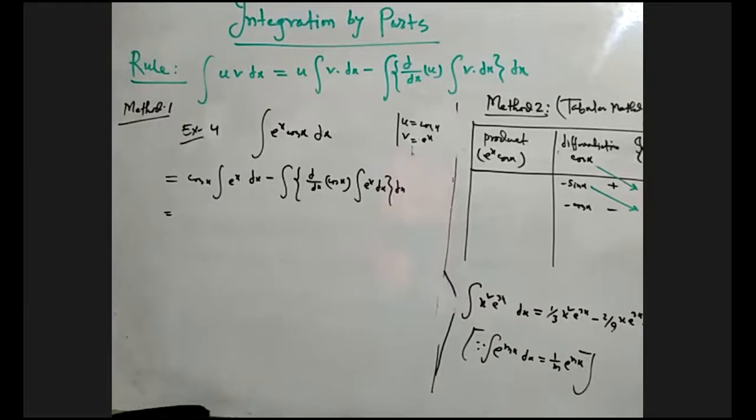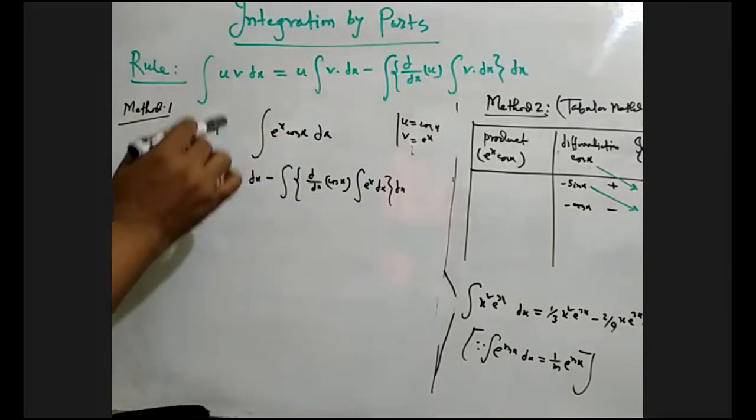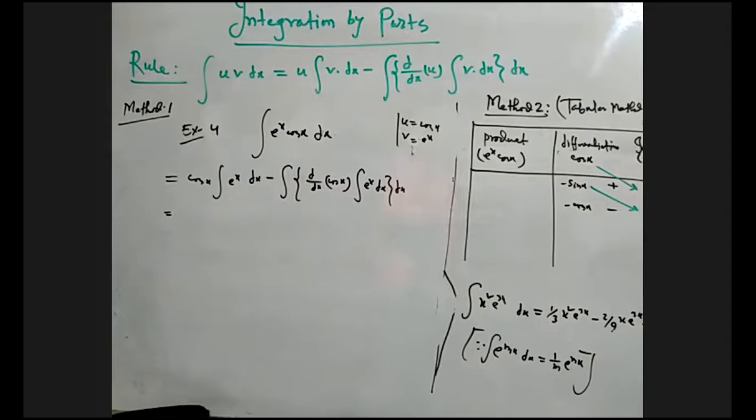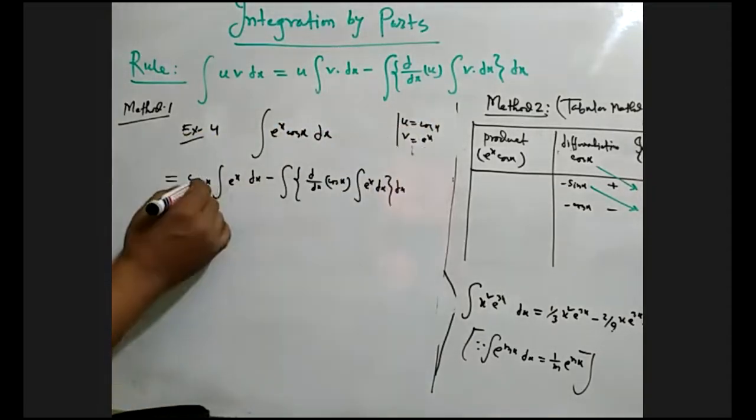Now another example. Example 4, integral of e to the power x cos x dx by using the product rule of integration. So taking u equals cos x and v equals e to the power x.